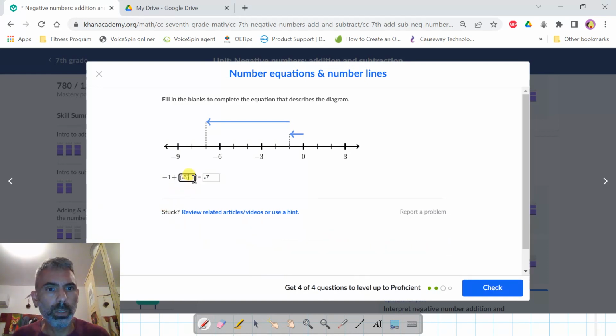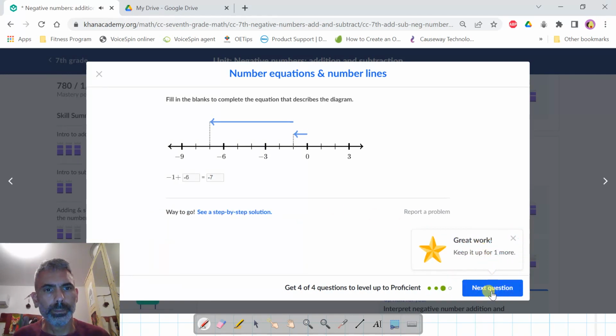Oh, okay, maybe I should take away the parentheses. So I did not make a mistake. The software couldn't read the parentheses, so I took them away.